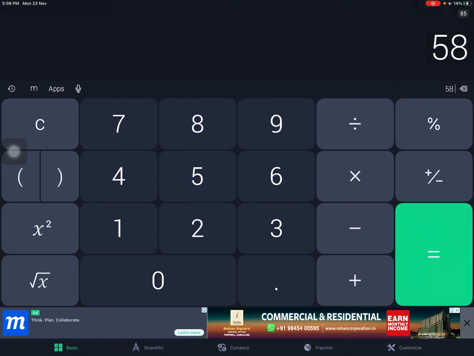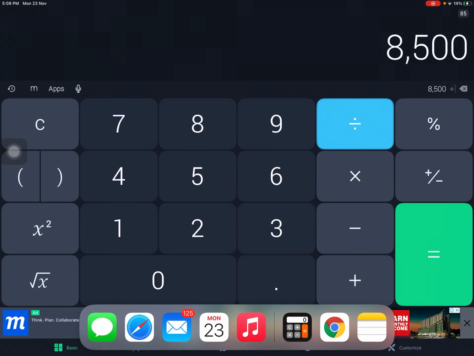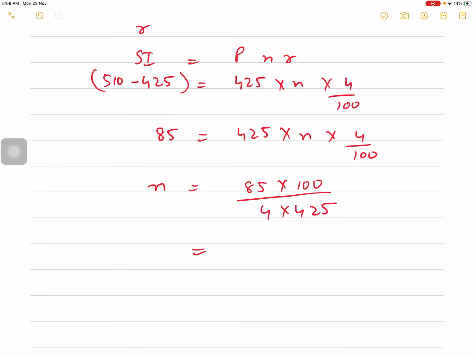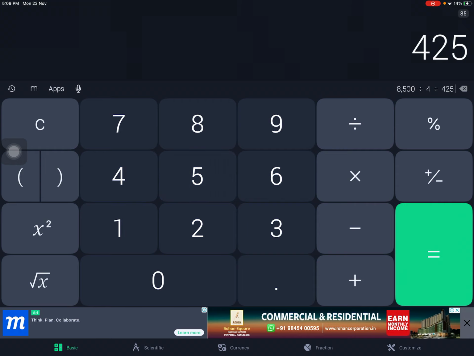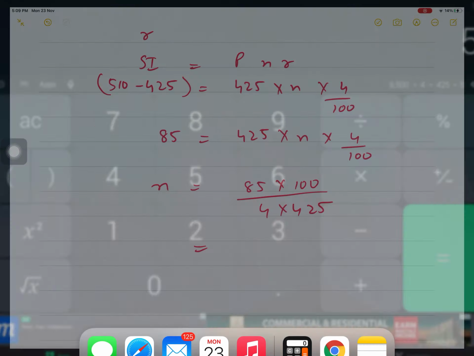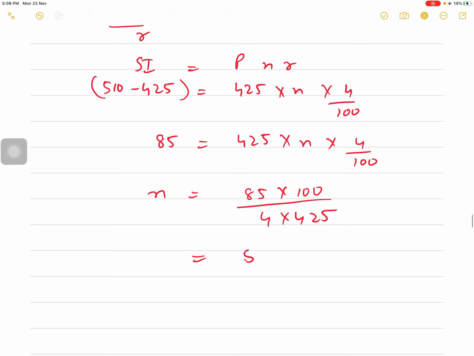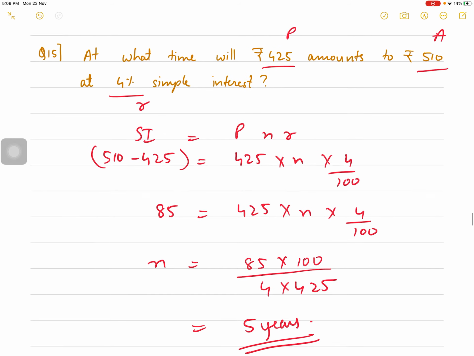So 8500 divided by 4 divided by 425 comes to 5. So N is equal to 5 years. Okay, let's solve the next question.